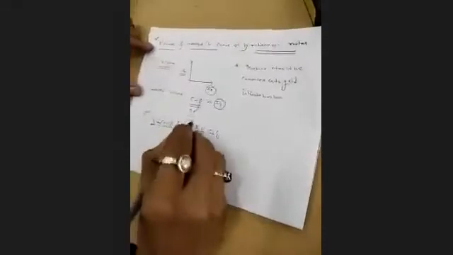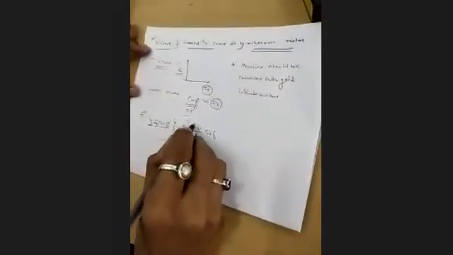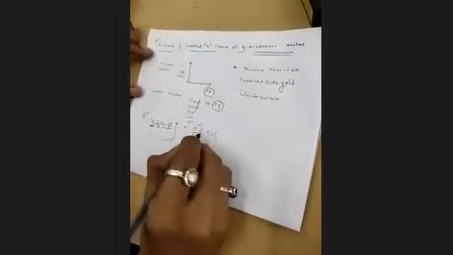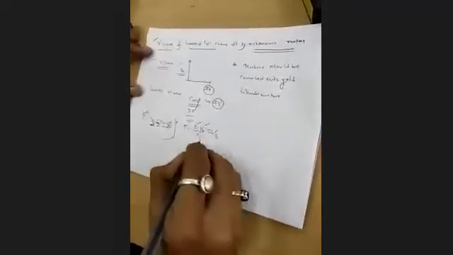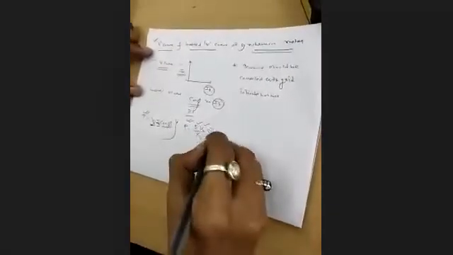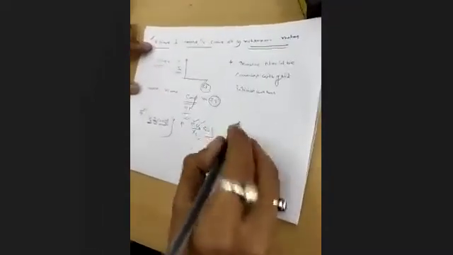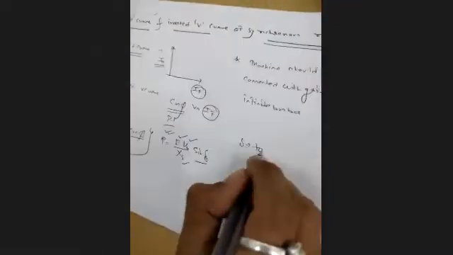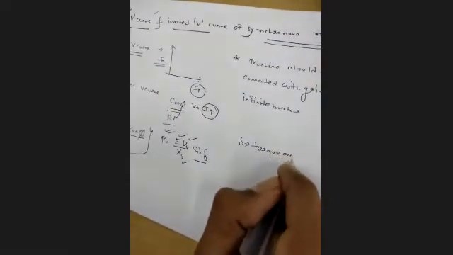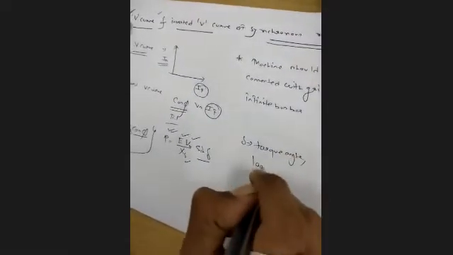Same active power can be described as E, that is the excitation EMF, Vt, the terminal voltage, Xs, the reactance, and sine delta, where delta is the load angle or torque angle.